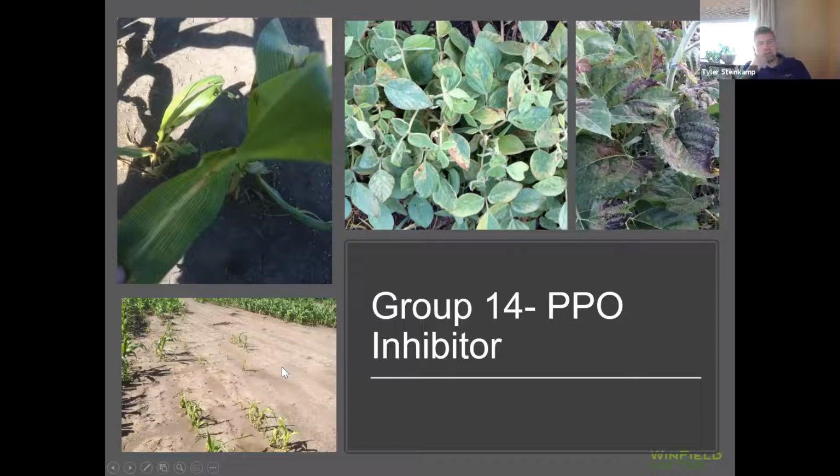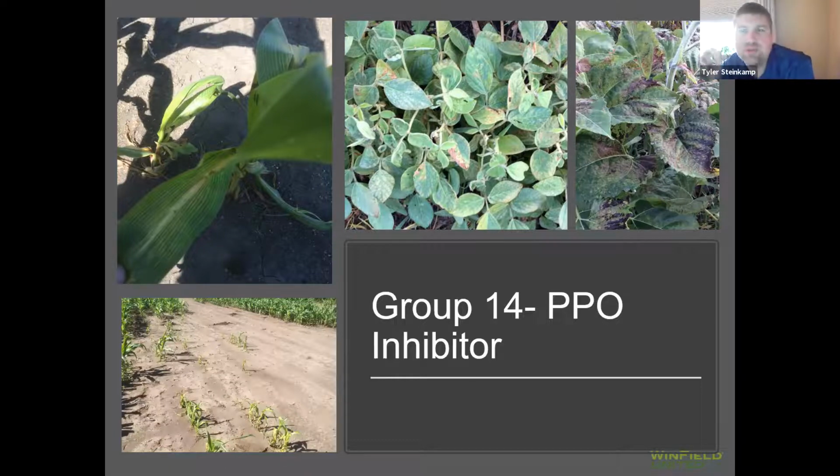So we walked out in the field, and the first thing I told the guy, I said, this looks like Flexstar damage. And it was characteristic Flexstar damage. You can see the venoclerosis that we have. And this is a key characteristic, guys, because a lot of people look at this and go, well, that kind of looks like zinc deficiency.